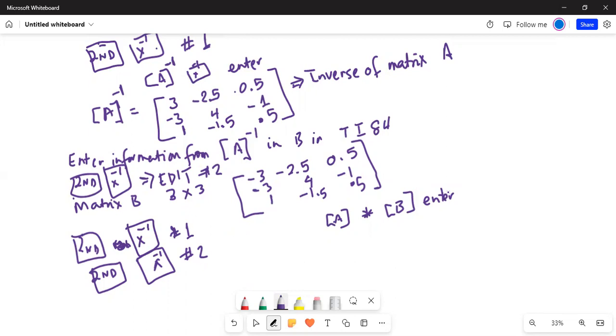Let me check on matrix A. So second x minus 1, matrix A, now clear.